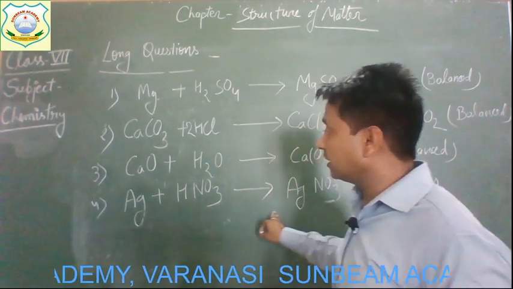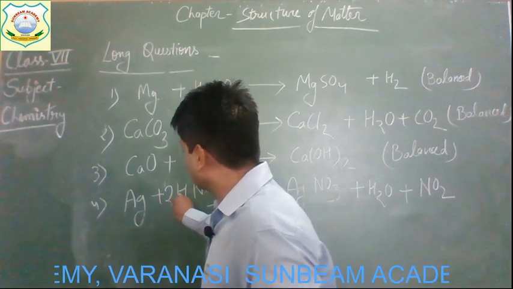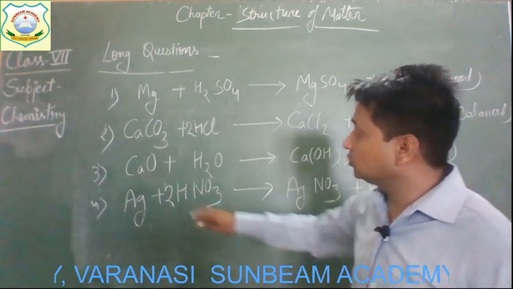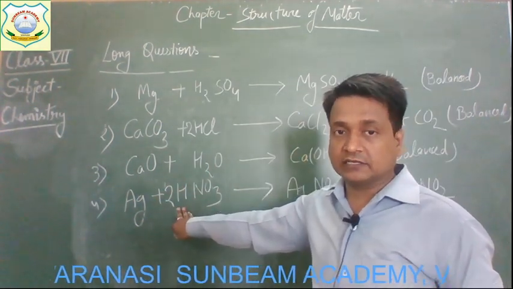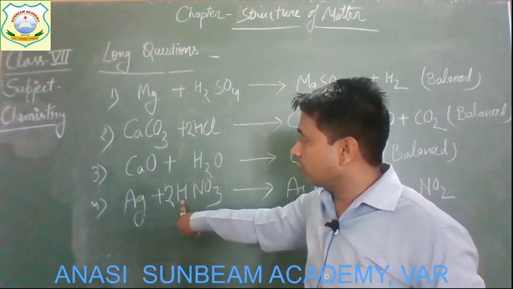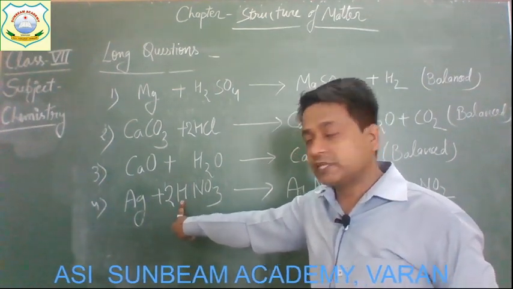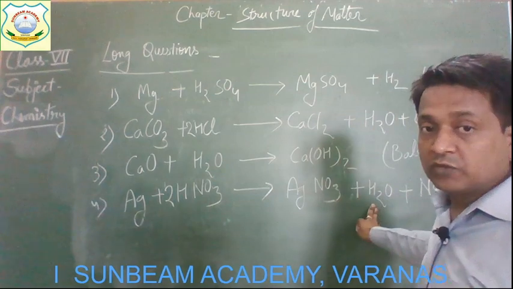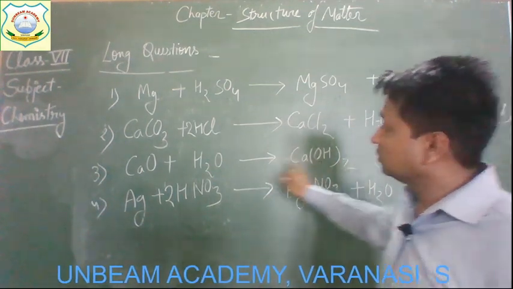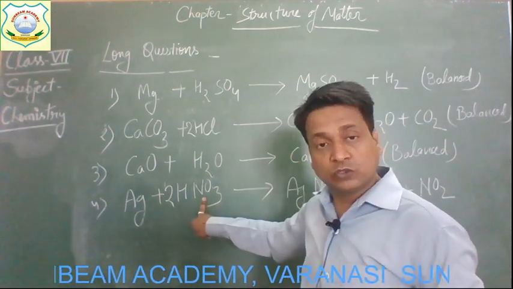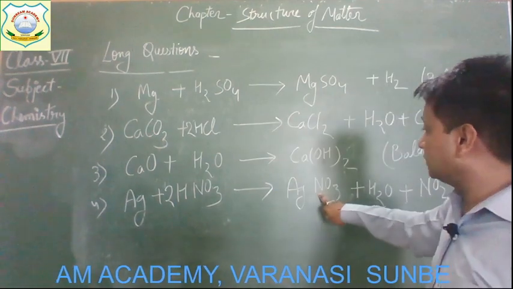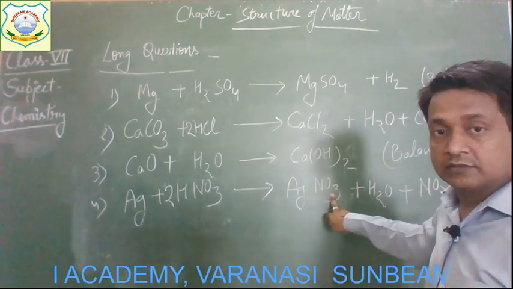And for balancing it, if we write here two molecules of nitric acid, our number of hydrogen atoms will be 2 on the left side and on the right side we already have 2 hydrogen atoms. Nitrogen atoms will also be 2 on the left side and on the right side we also have 2 nitrogen atoms.